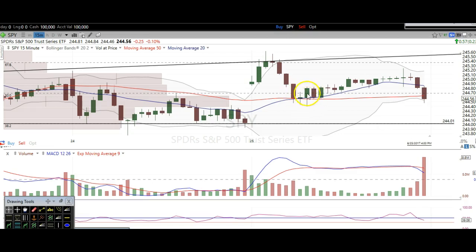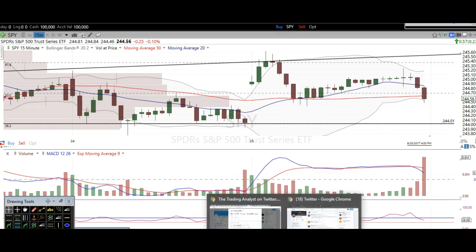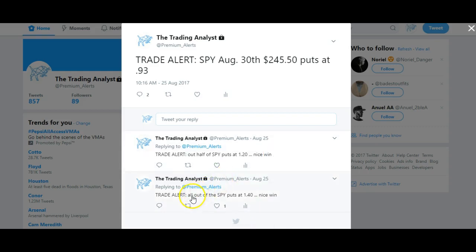So we ended up getting that, and we sold these puts on this candle, near the lows of this candle, and you can see that we sold the last half at 140, which is about a 60% win, if I'm doing the math correctly. So we got a 60% win on the last half.